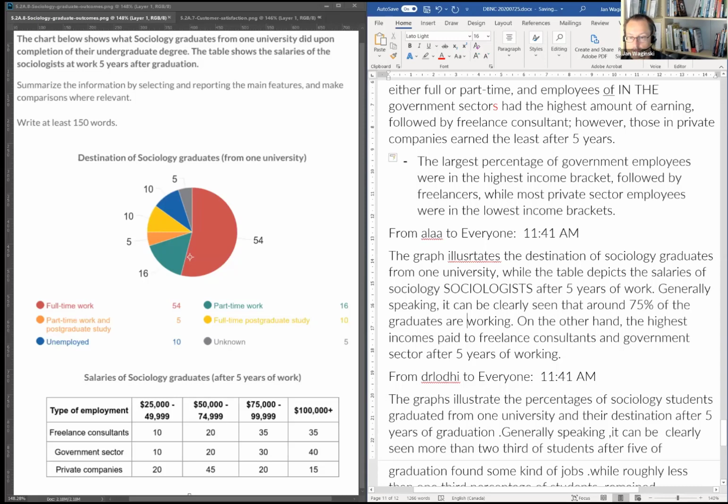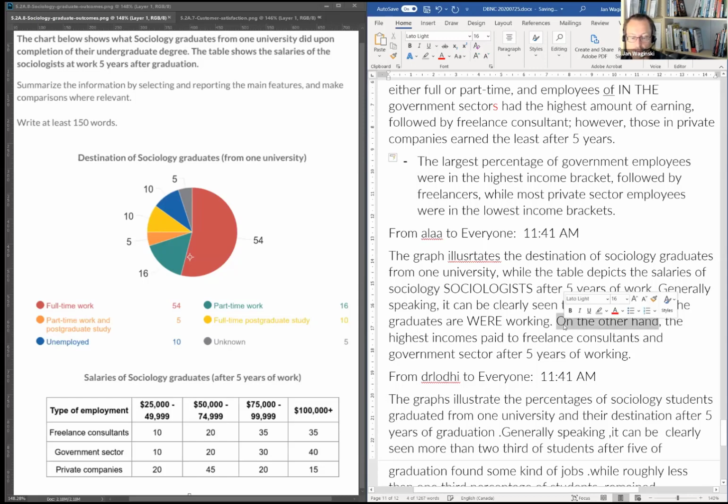Okay. And this isn't "on the other hand" because it's not a contrast. You could say moreover. You could even say nothing here. If you want to be super clear, just put moreover.